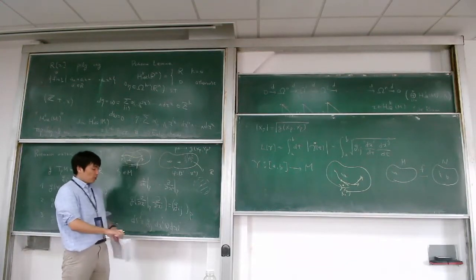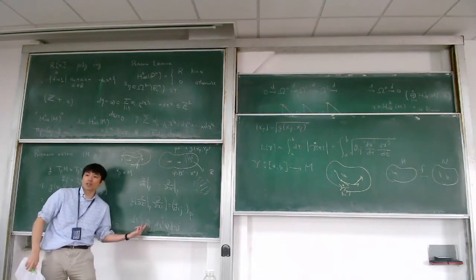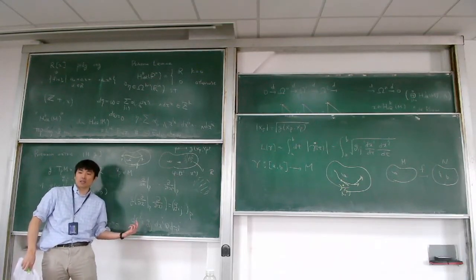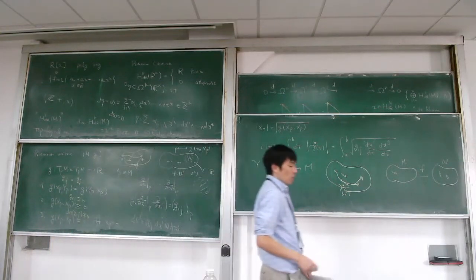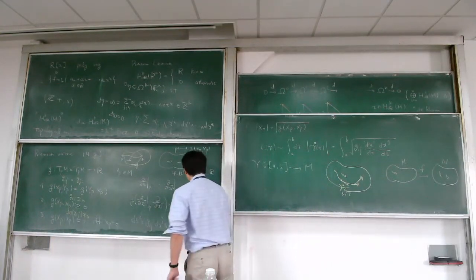So this is a second symmetric differential form, which is symmetric under the swapping of dxi and dxj.